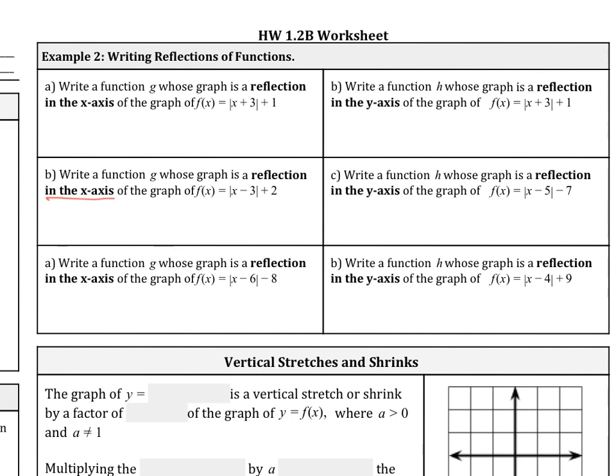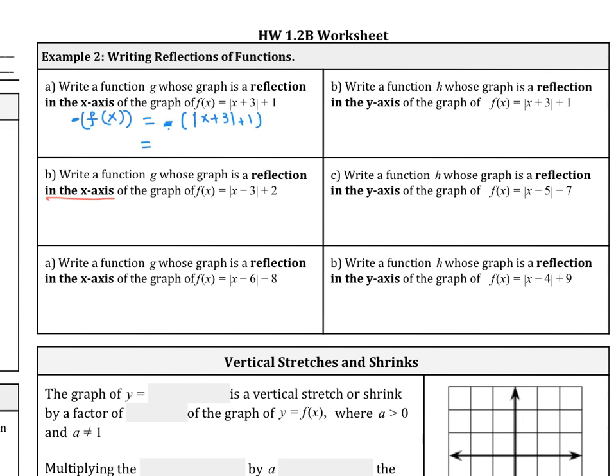For a reflection, we multiply the whole graph by a negative number. So we multiply the whole function, f(x) in this case, by -1. We put the whole function into brackets and distribute the negative inside.